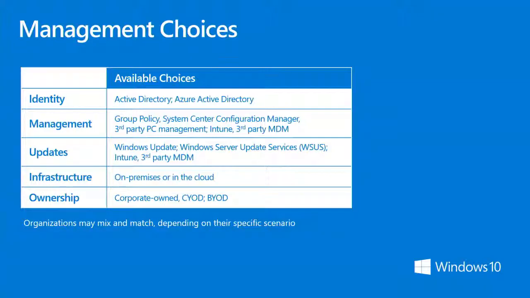But you can have additional groups of machines that roam the world, that aren't typically or ever connected to the corporate network, but always have a connection to the internet. For those, we can join them into Azure Active Directory and manage them via MDM. So mix and match, depending on the scenario. Try to profile your users and the devices that they have, and manage them in the appropriate way.